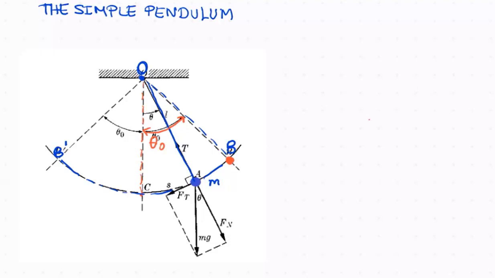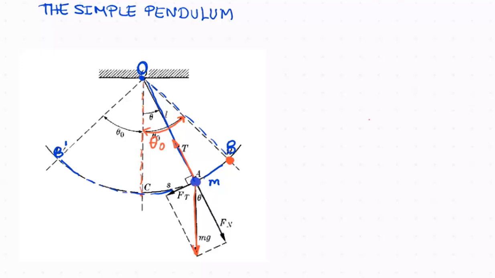We take into consideration also the forces that are acting on this particle. The forces acting on this particle are the weight of the mass, mg, and the tension of the string, which we call T. Let's play with it.